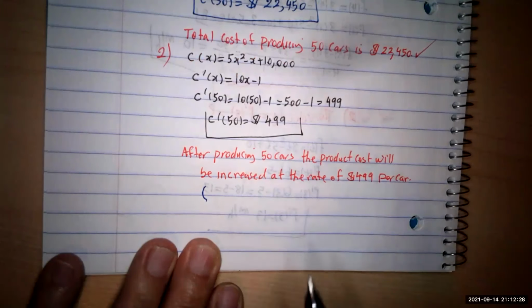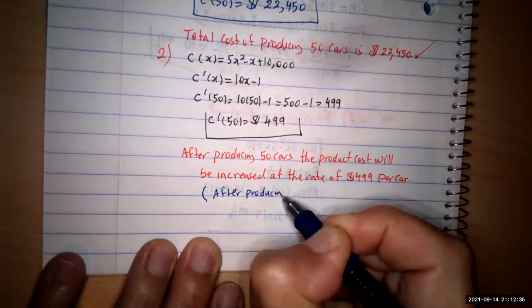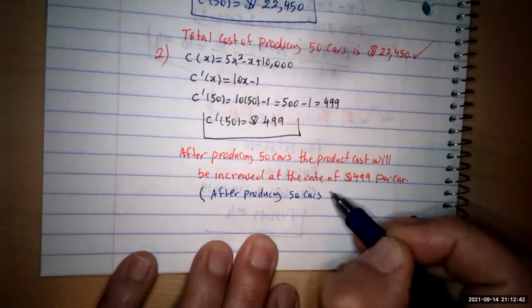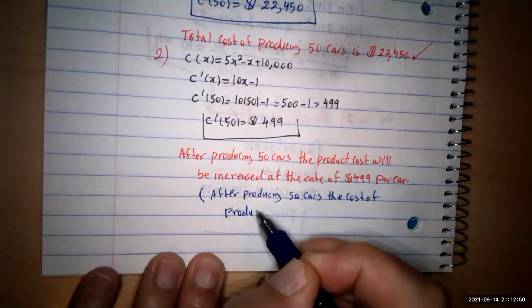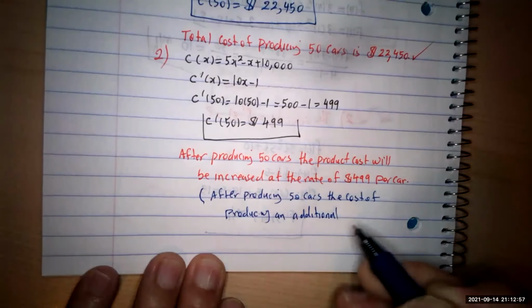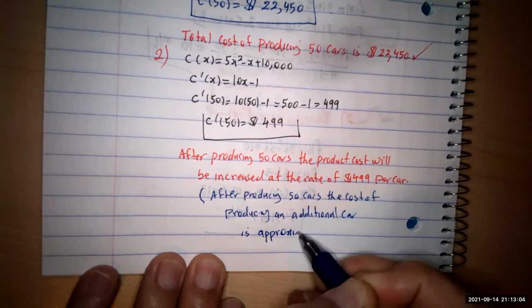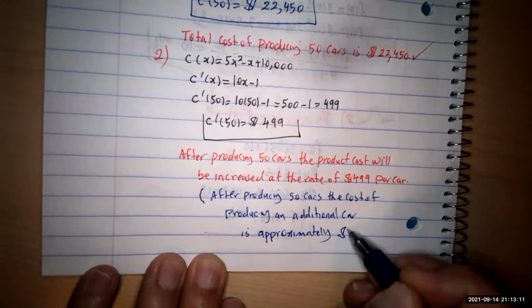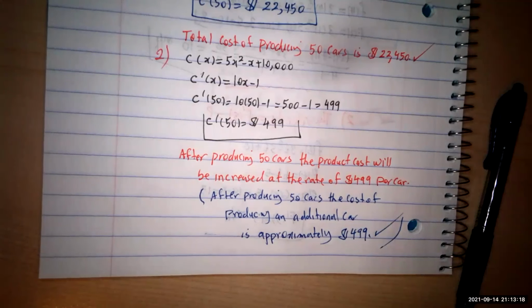You can say that at the level of production of 50 cars, or after producing 50 cars, you must give us a level, the cost of producing the next car, an additional unit or car, is going to be approximately $499. Okay, these are two different versions of this problem.